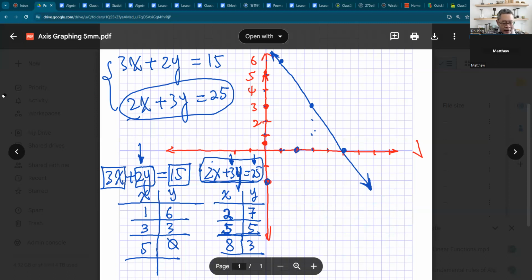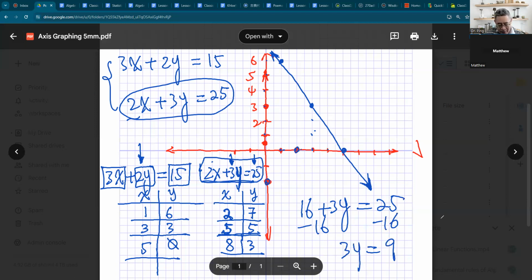Otherwise, if I leave it like this, I would say 2 times 8, 16 plus 3y equals 25, then I minus 16. You can do that. Good. Yep. But if I change it to 3y equals negative 2x, I already have, then I just change this to 8 is negative 16 already. So we can save a step. Make sense?